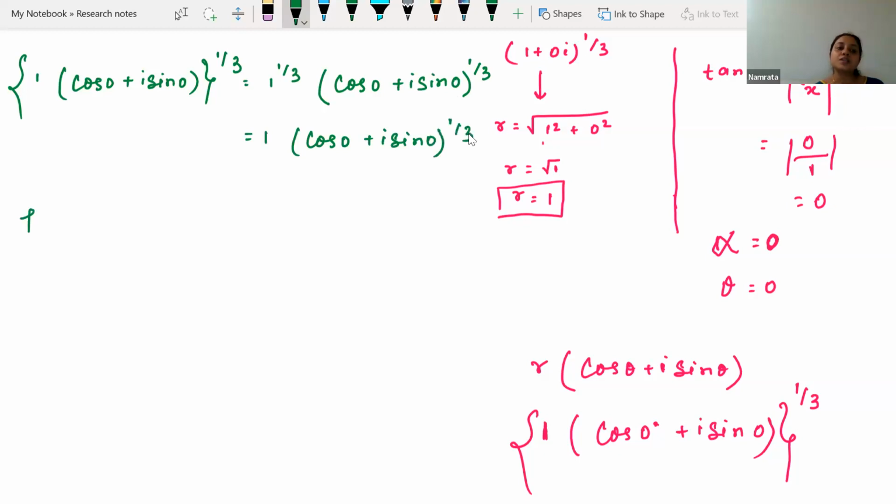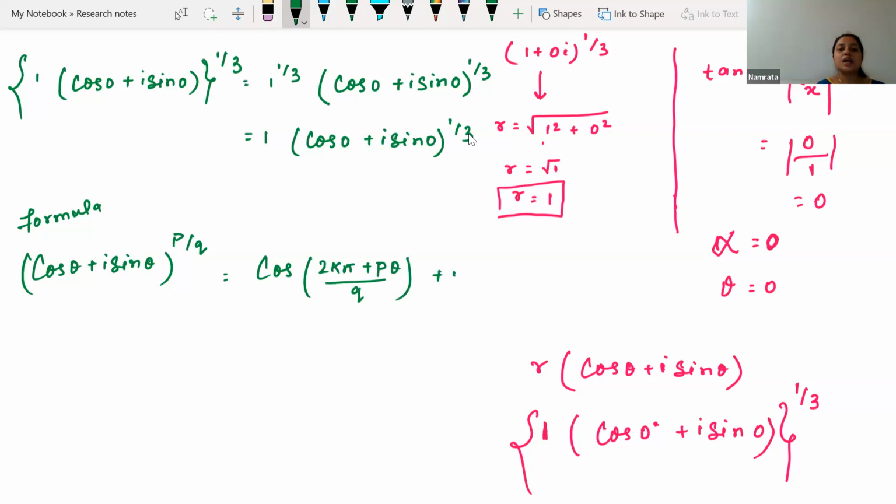Now the formula says whenever we are having (cos theta plus I sin theta) to the power p by q, we can write it as cos (2k pi plus p theta) by q plus I sin (2k pi plus p theta) by q, where k must be 0, 1, 2 till what?